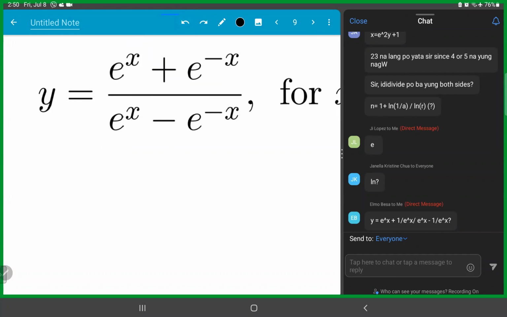Moreover, you know that e to the negative x is the reciprocal of e to the x. So in order to simplify the problem, that's what we sometimes do.